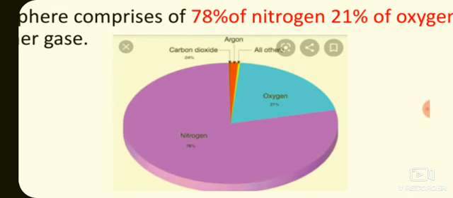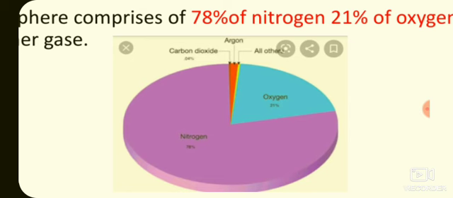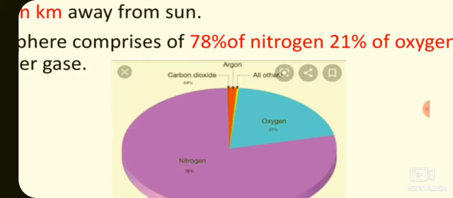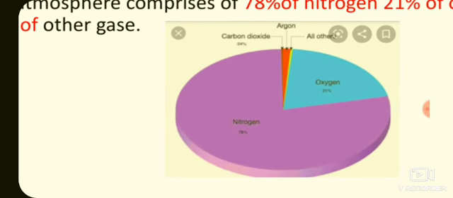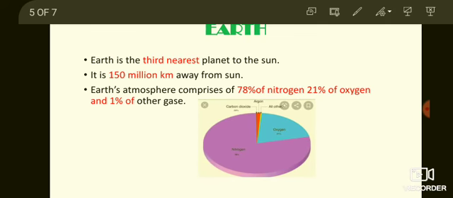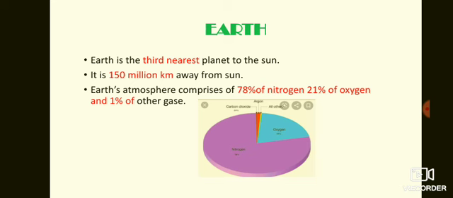From this image you can know that 21% of oxygen is present in the atmosphere of the Earth, 78% of nitrogen is present, carbon dioxide is 0.04%, and argon is also there. The remaining 1% is other gases like argon and carbon dioxide.